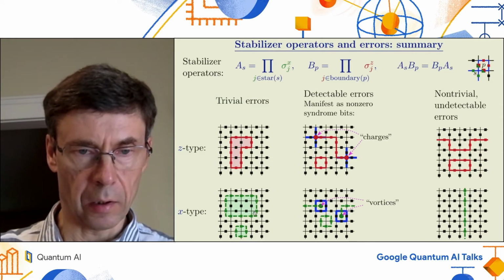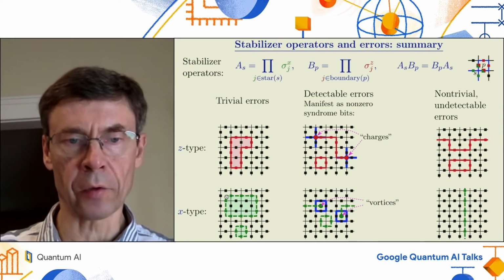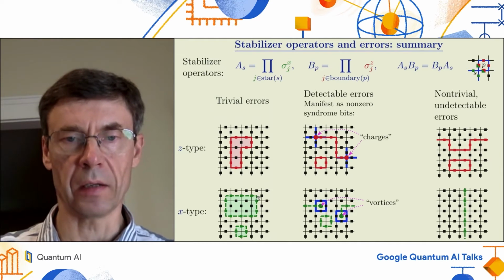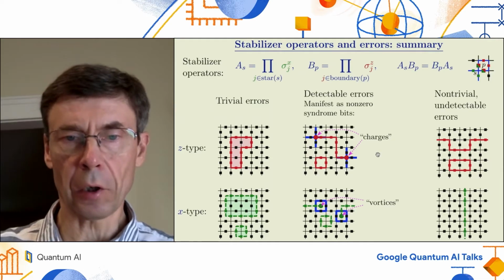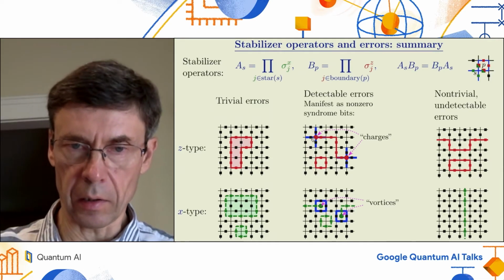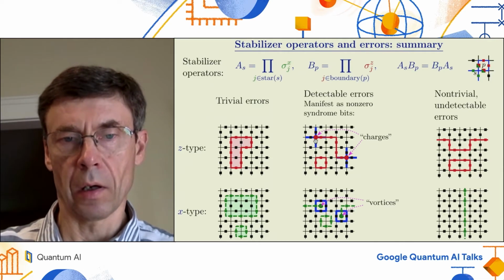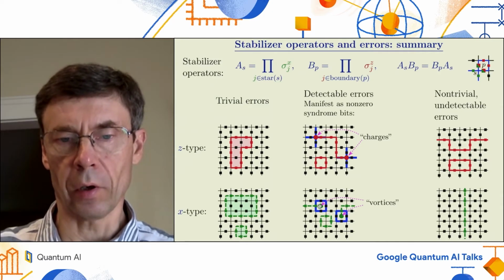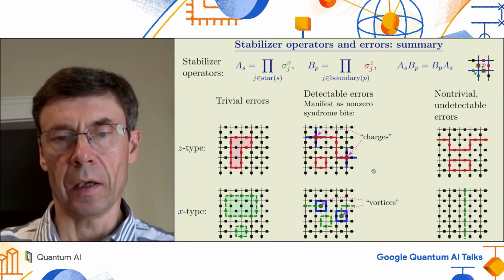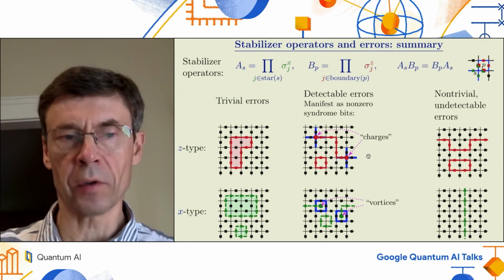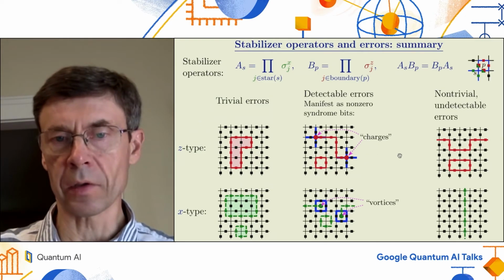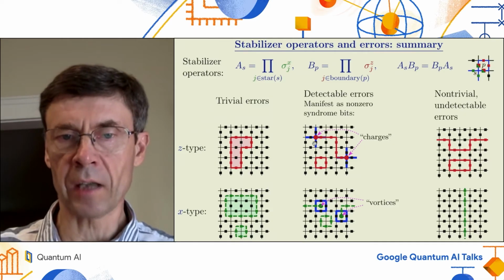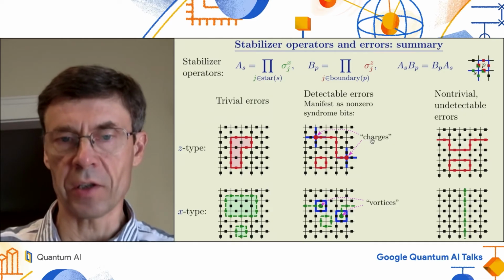This dashed green line crosses the edges of the original lattice. A detectable error shows as boundary points, those red dots or green dots, and let me call the red dots Z-type errors corresponding to X-type syndrome charges.